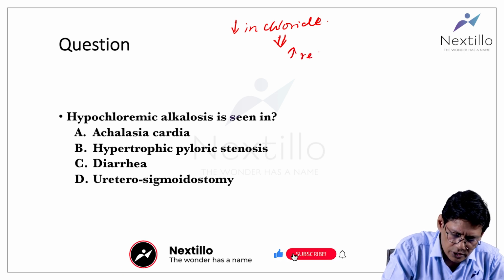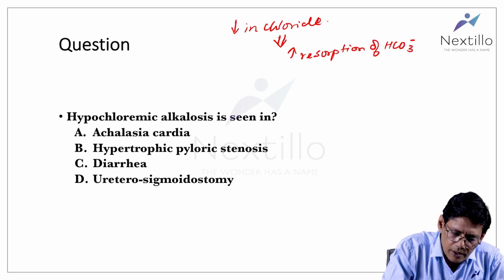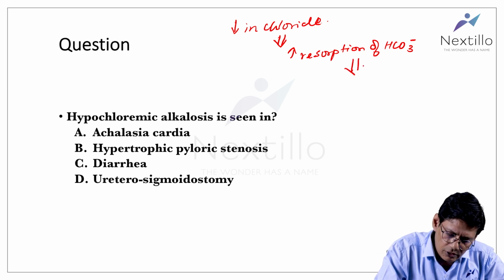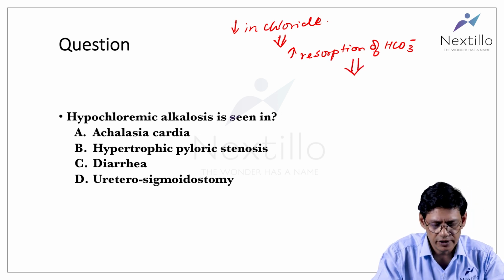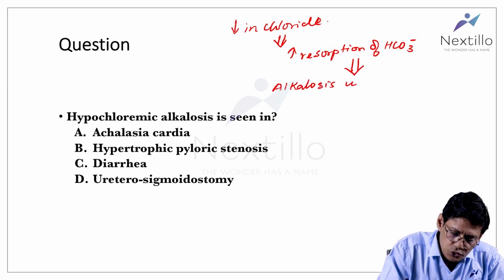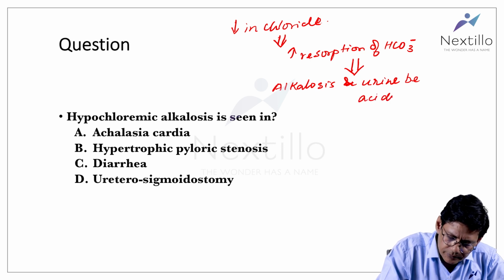Increased resorption of bicarbonate from the urinary system. The effect of this is precipitation of alkalosis and urine becoming acidic.